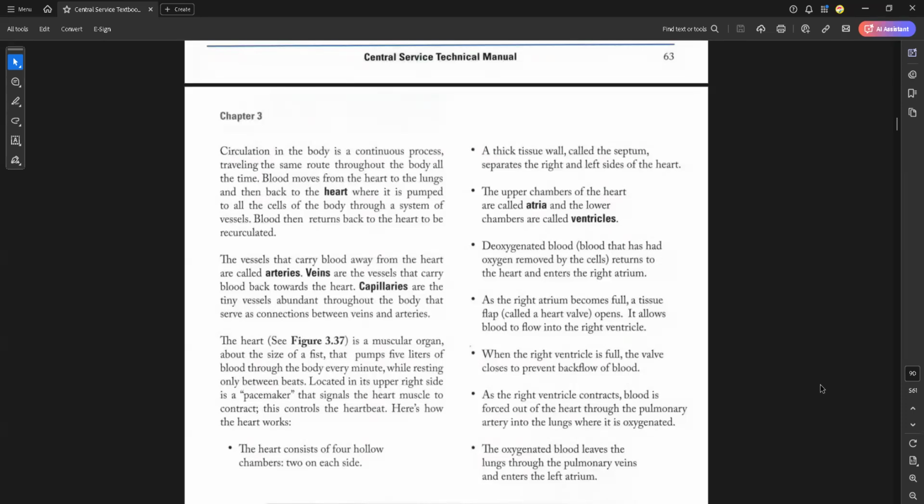So we have the vessels that carry blood away from the heart called arteries, and then the veins carry it to the heart. And so you see that the respiratory system functions in unison with, of course, the heart. It's very, very key. So if you are in an area that there is not much oxygen, then there is a problem.